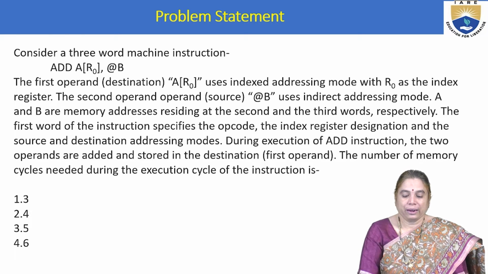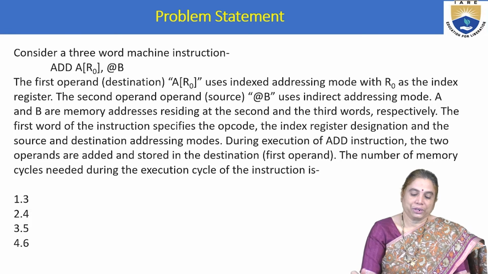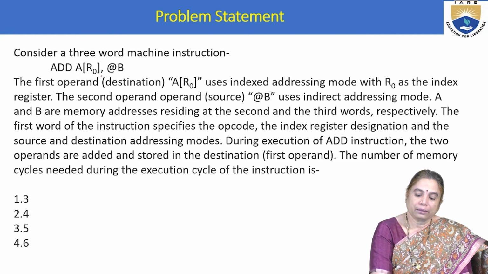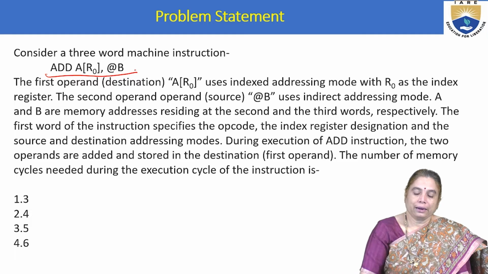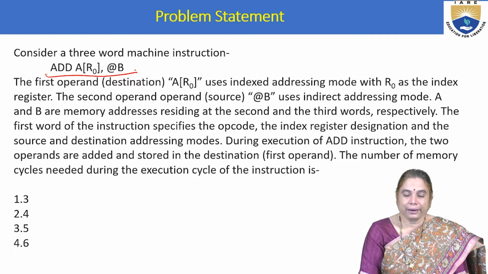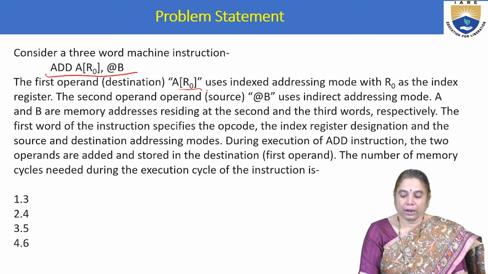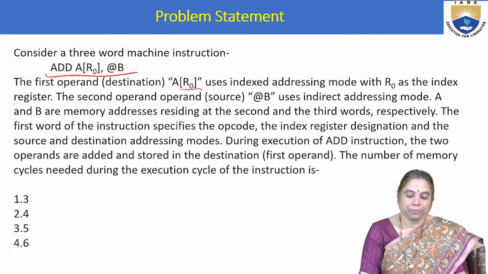Next problem statement. Consider a 3-word machine instruction: ADD A[R0], @B. The first operand is the destination. A[R0] uses indexed addressing mode with R0 as the index register.